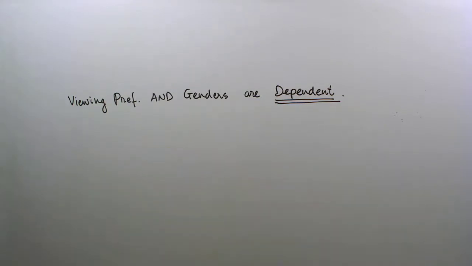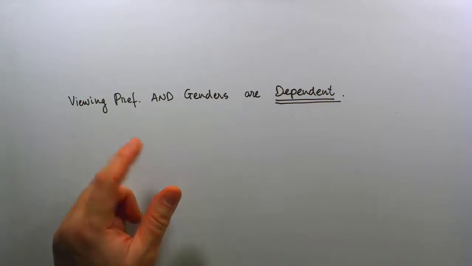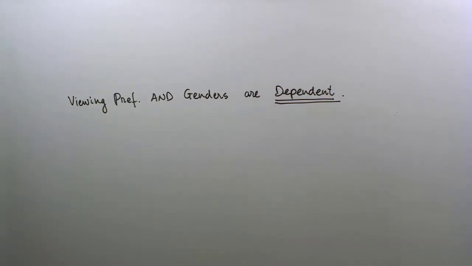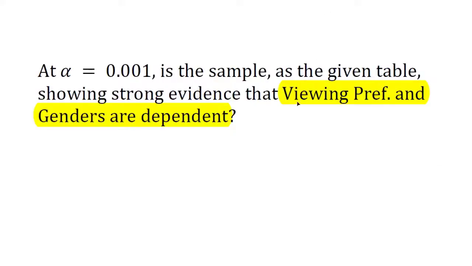Utilizing our experience from testing a hypothesis, anytime we read the wording of our question, the direct statement in our question, the statement I'm highlighting in yellow ink, is the statement we're trying to prove.